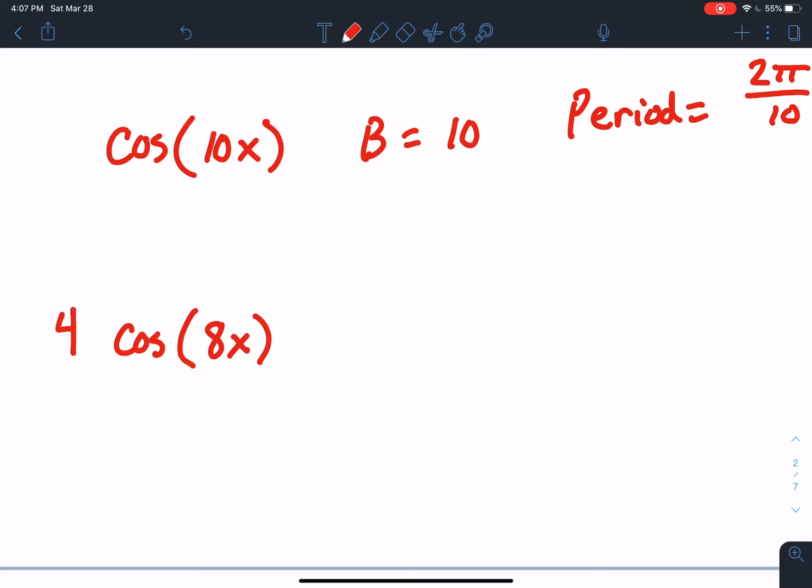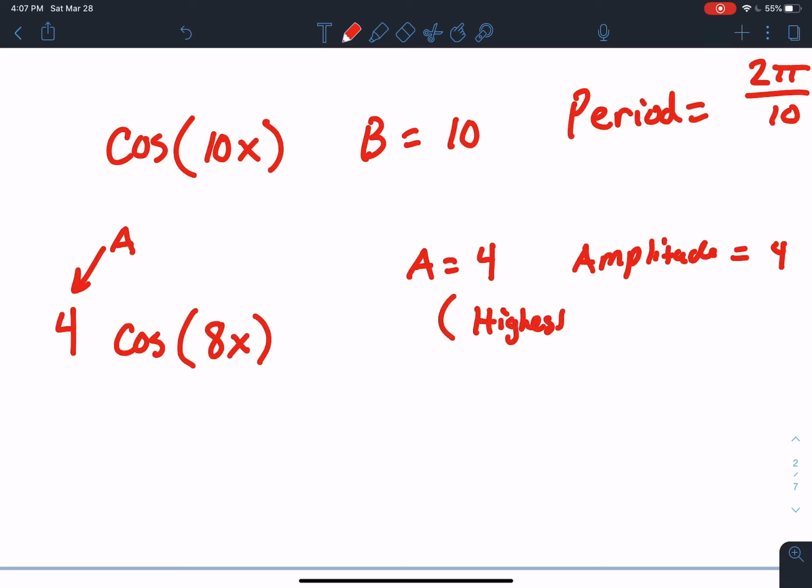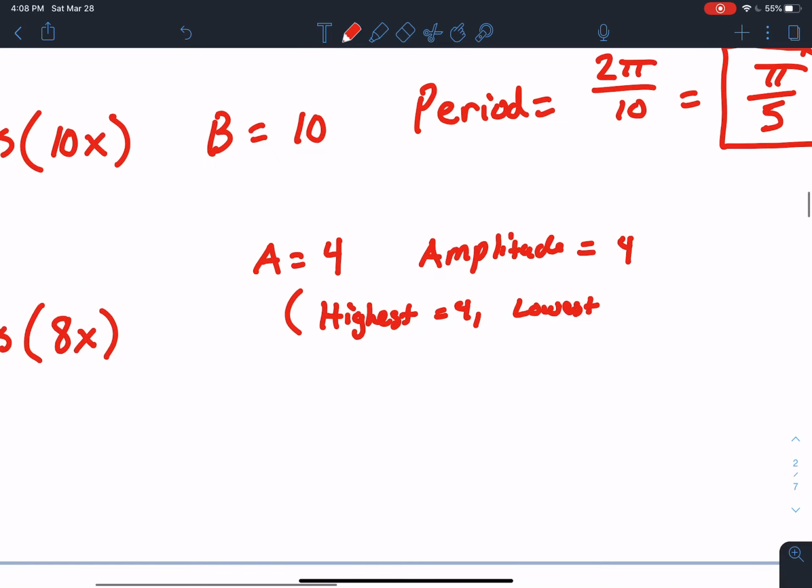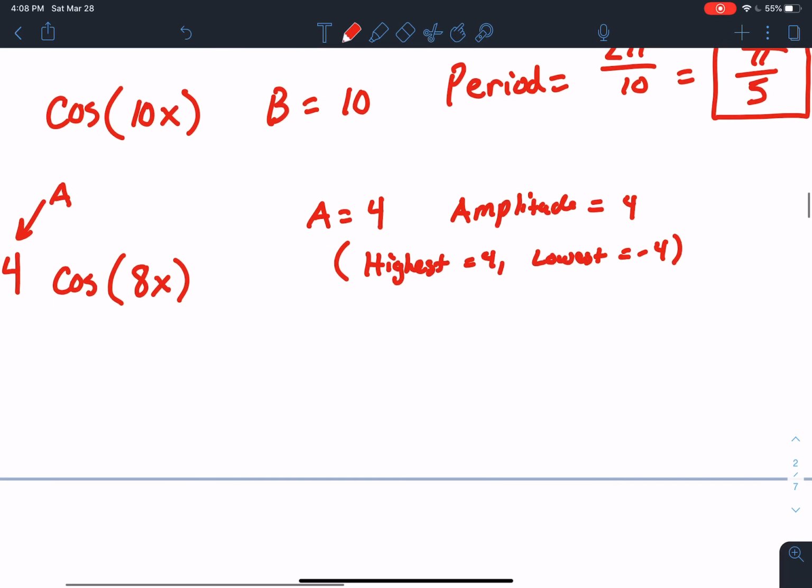I know that the a term here would be 4, so my amplitude is 4. My highest value would be 4, and my lowest value would be negative 4. And then the b term is 8, so my period would be 2 pi divided by 8, or pi over 4.